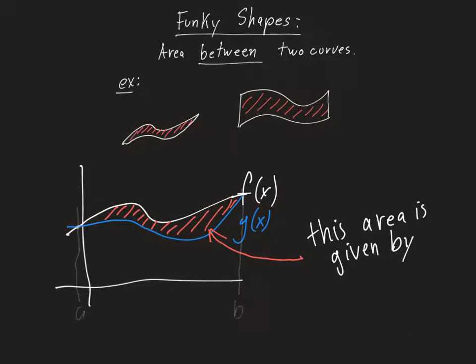So we have to identify A and B here. But once we've done that, there's a very simple way of using definite integrals to figure out what this area is. It's just going to be the integral from A to B, and all we do here is take f of x, which is the top function, and subtract g of x from it, and just integrate that instead. So this is the key idea here.